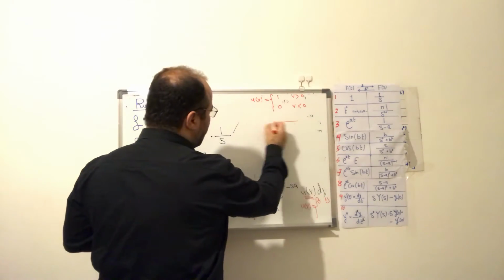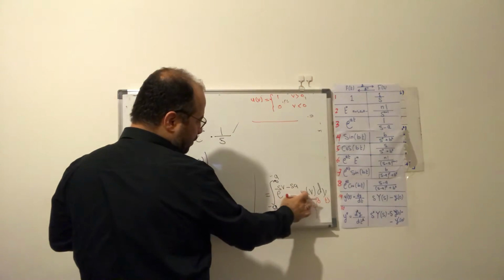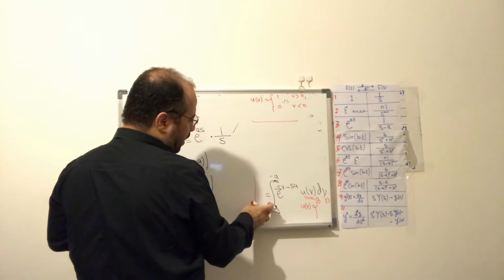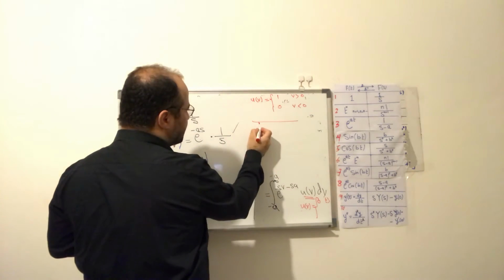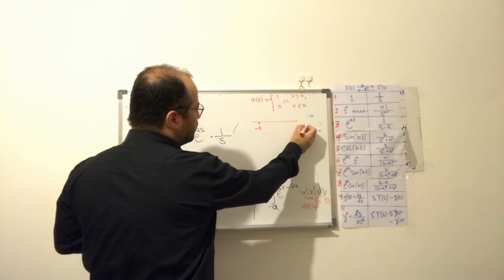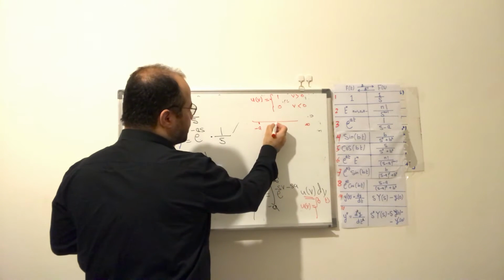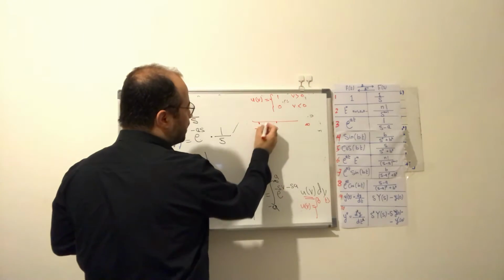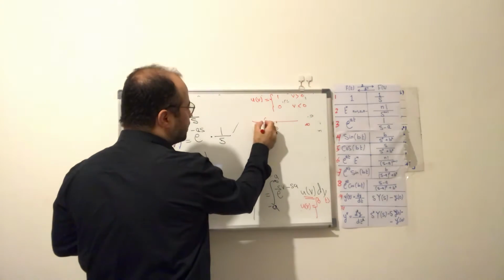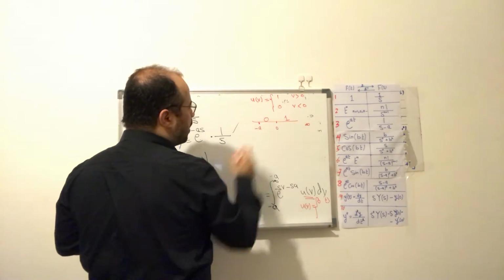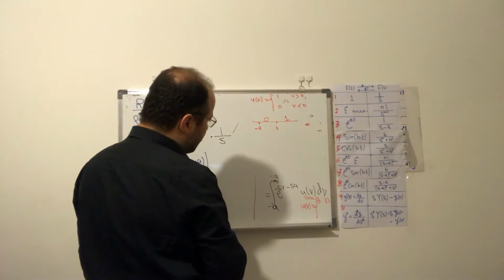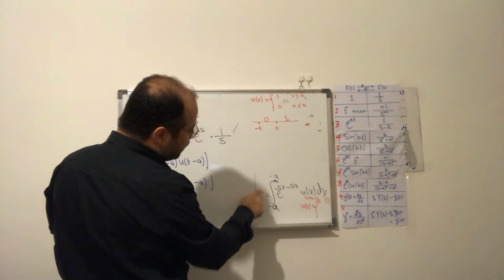So you have now your function u of v, with an interval from minus a up to infinity. Here the function is 0, and here the function is 1. For this reason, this integral will be two integrals.